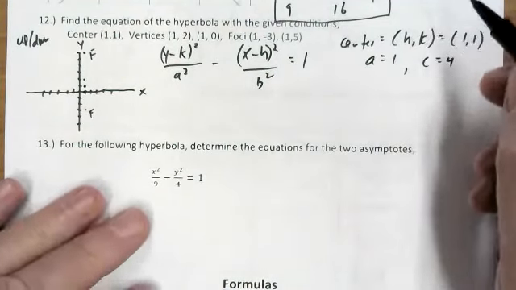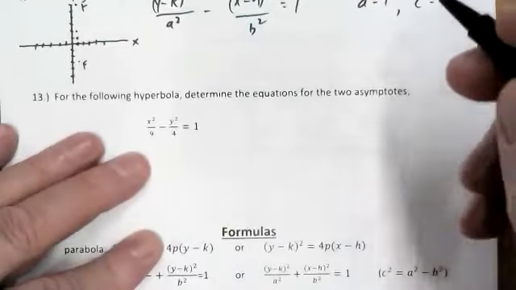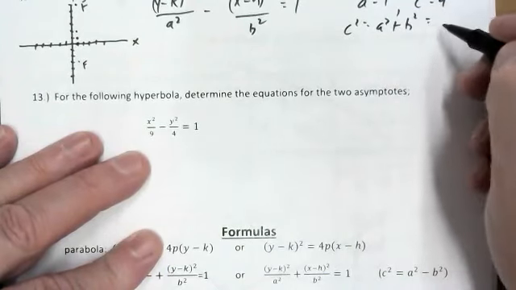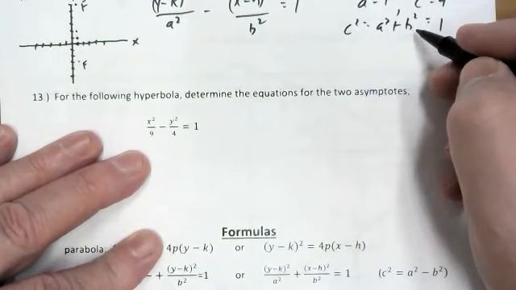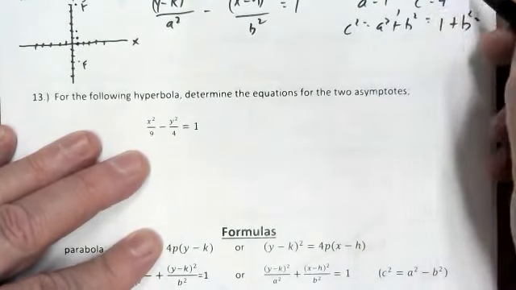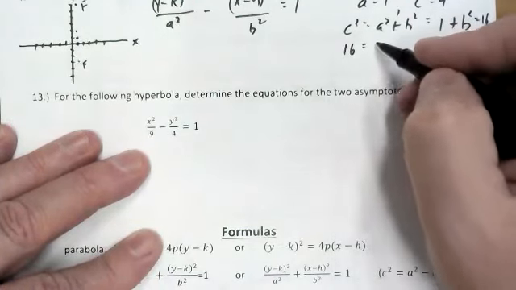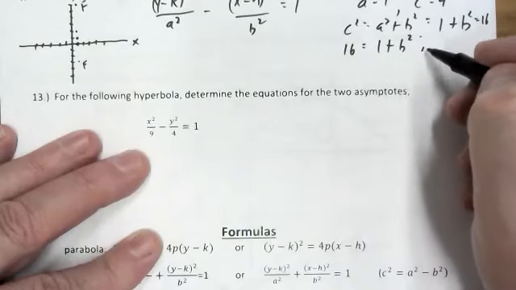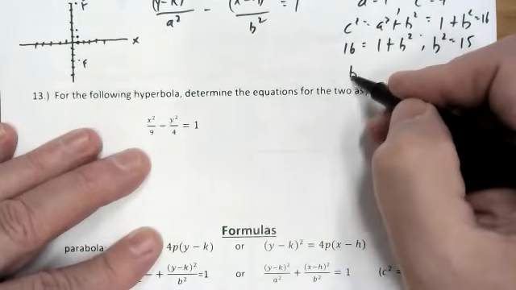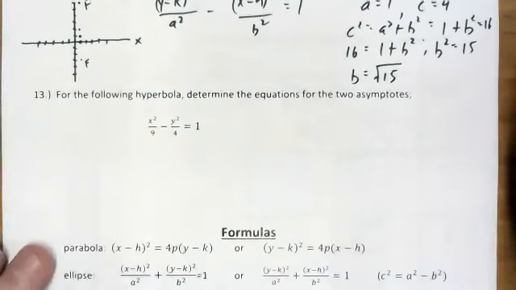And from up here for hyperbolas, c squared equals a squared plus b squared. A squared is 1. I don't know b squared. C is 4, so c squared is 16. So basically 16 equals 1 plus b squared, or b squared equals 15, or b equals square root of 15.